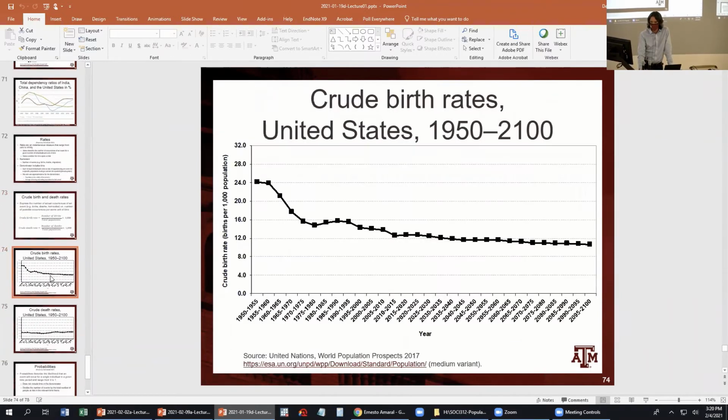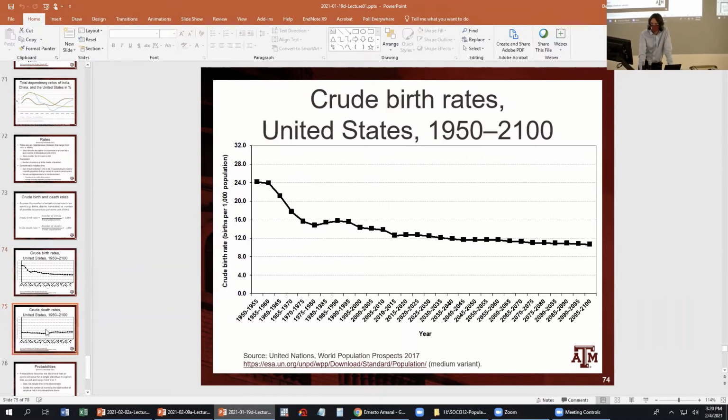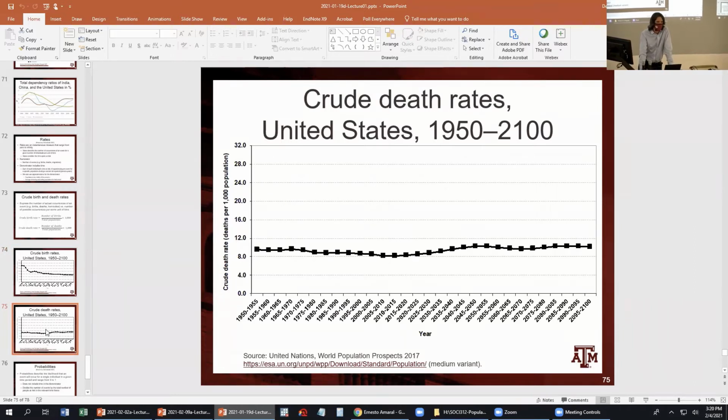For example, for the first time period, take 24 per 1,000 crude birth rate, and let's make it easy: 10 per 1,000 crude death rate. So 24 minus 10 is 14, and then you divide by 10, which gives 1.4. So 1.4% is the natural increase. Okay, so that's the idea.